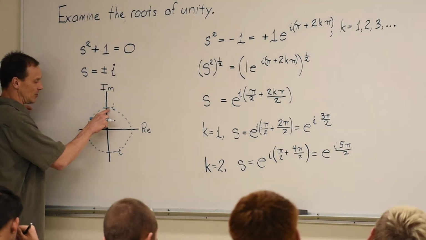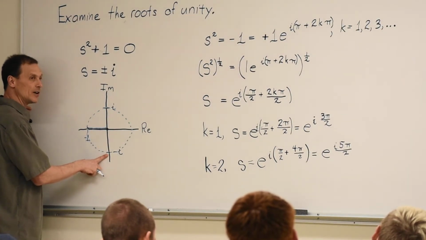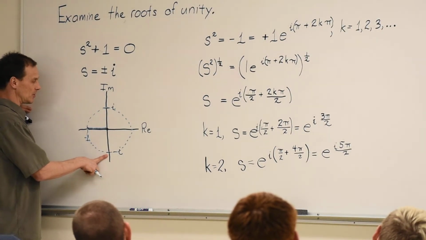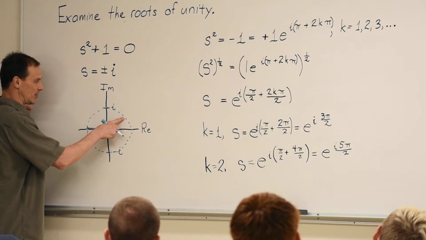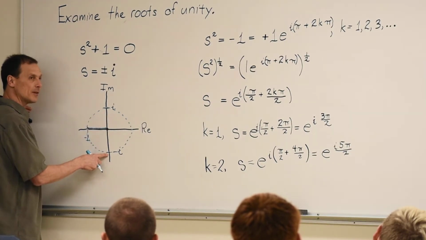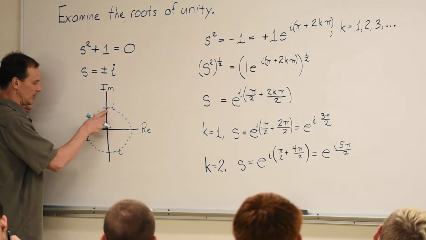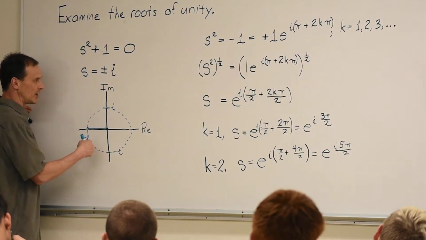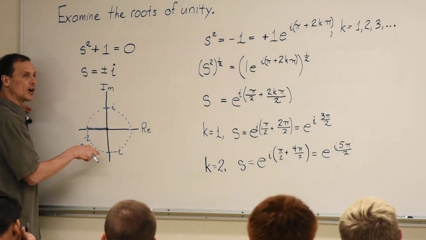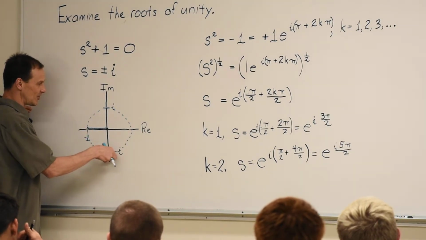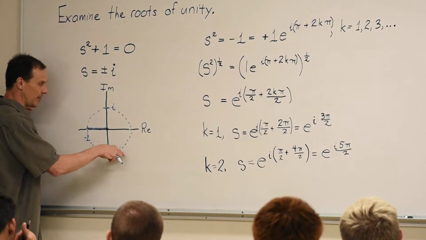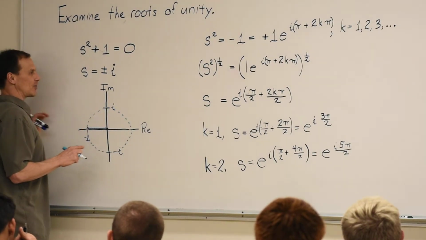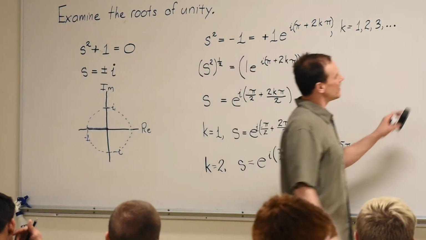So if you have 2 solutions, the circle will be divided into 2. If you have 3 solutions, the circle will be divided into 3 equal parts. 4 solutions will be divided into 4 equal parts, and so on. So whenever you're taking roots of complex numbers, the answers are somewhere evenly spaced on that circle. Let's try one more.